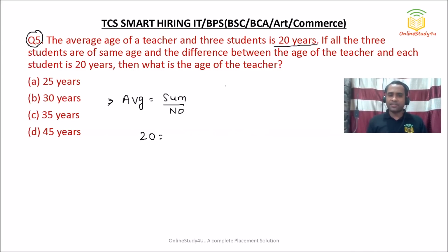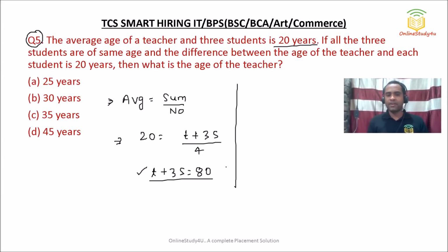We have one teacher and three students, so the total number will become four. So the total sum of teacher plus three students will become equal to 80.